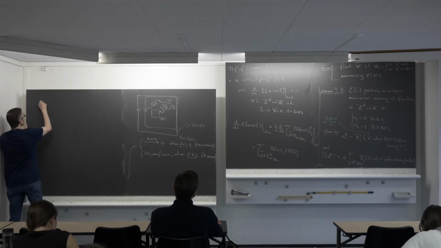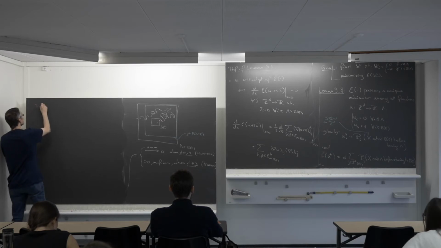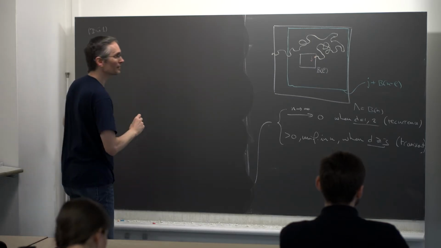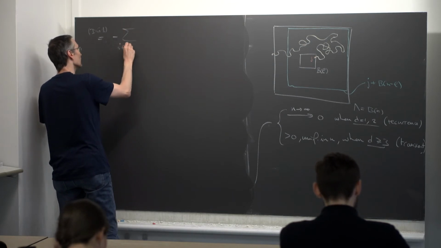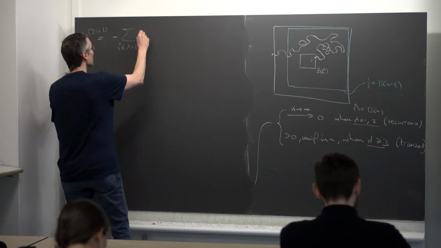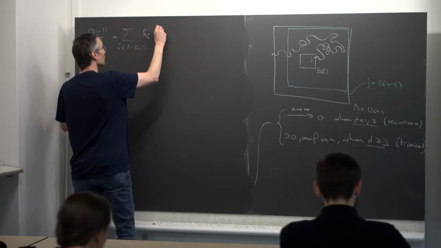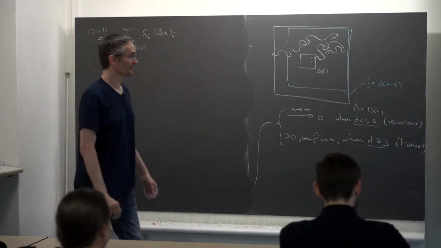So by the first discrete Green identity, this is equal to minus the sum over all i in Lambda minus B_L of delta i times the Laplacian of u at i, that's the first term.